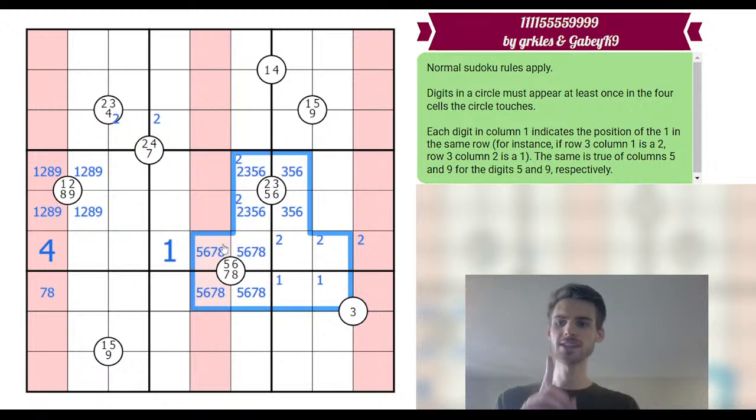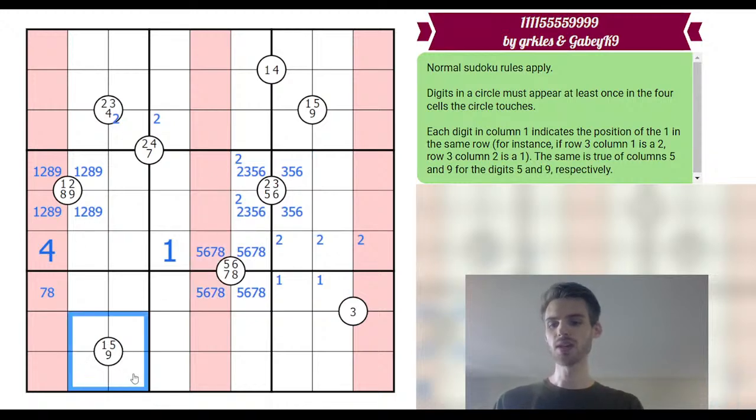I don't think it's as interesting as I would like it to be. Oh, let's do some easy things first. So in here, there's going to be a 5 in here, right? I'm not going to pencil mark that because I don't want to pencil mark that everywhere. But there's going to be a 5 in here, so there's no 5 in here. But there's also no 5 in here.